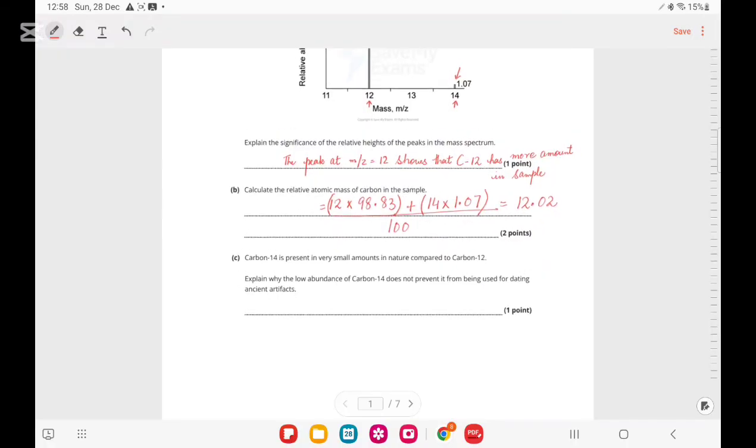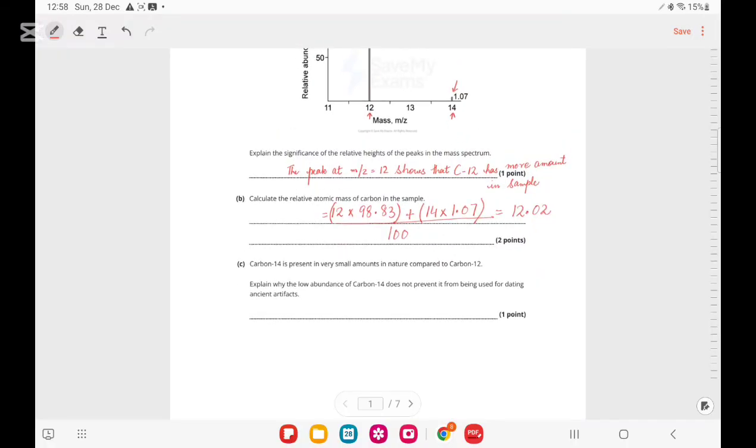Carbon-14, although present in a very small amount in nature compared to carbon-12, explain why the low abundance of carbon-14 does not prevent it from being used for dating ancient aircraft. If we want to use it for dating ancient aircraft, then even its small quantity can be detected during the radioactivity.